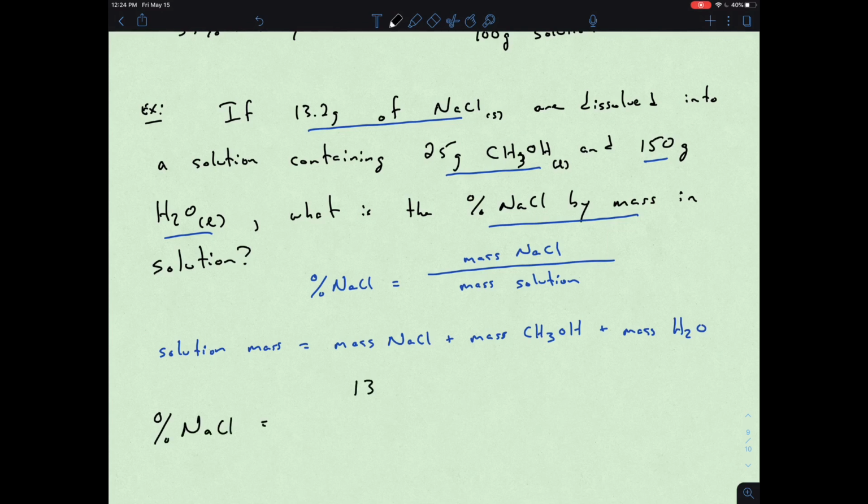So we can put this all together and solve for that percent sodium chloride. We would have our 13.2 grams divided by 13.2 plus 25 plus 150, times 100.